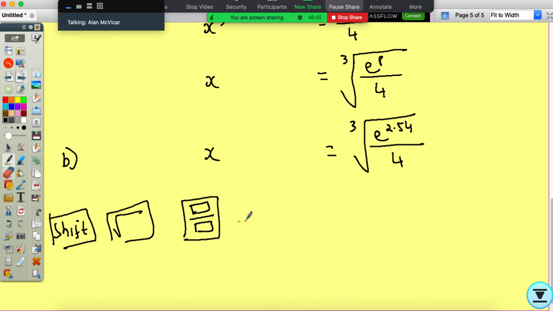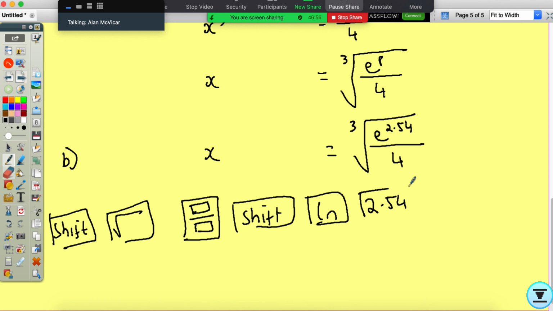Then I would type in shift ln, because that would give me my exponential. Then I would type in my 2.54. Then I'd press down on the wee D-pad thing at the top, twice, to take me down to the bottom, and then I'd type in 4. That's how I type that into the calculator.